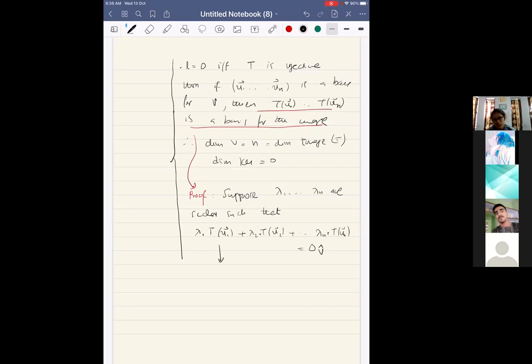By linearity, this is T of (lambda 1 u1 plus ... plus lambda n un). Now, this implies that lambda 1 u1 plus ... plus lambda n un belongs to the kernel of T.